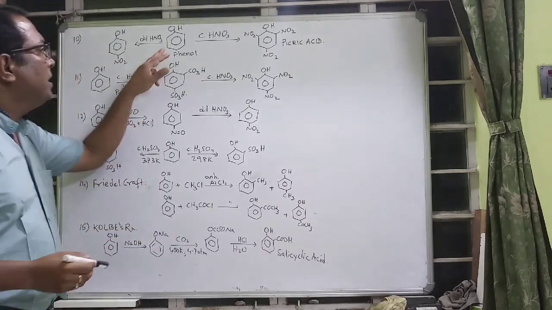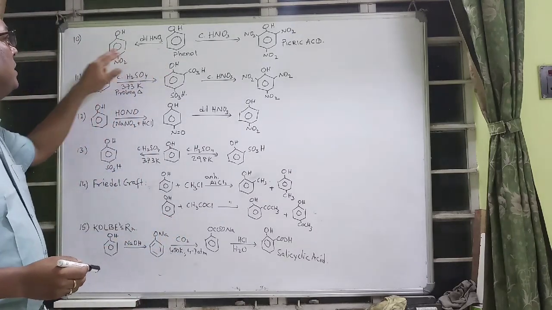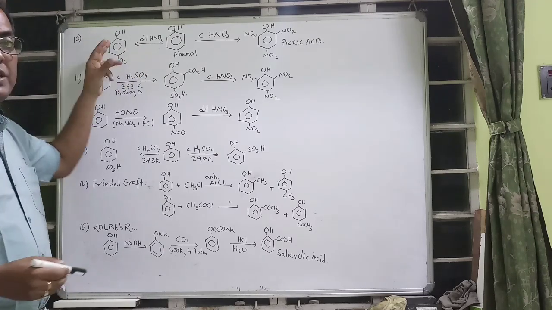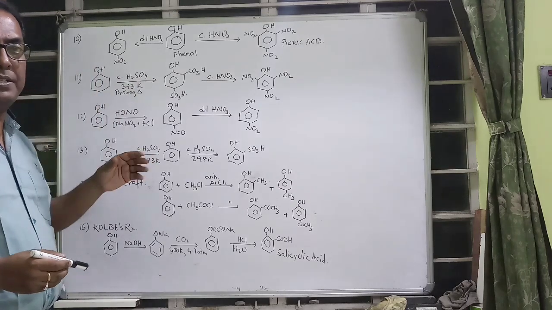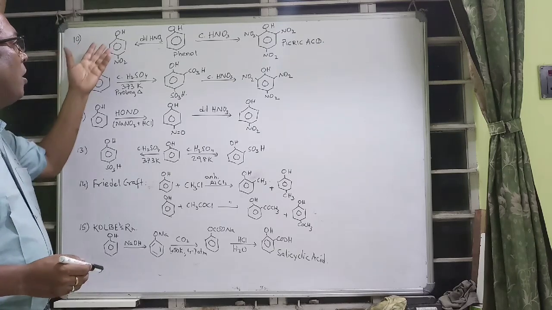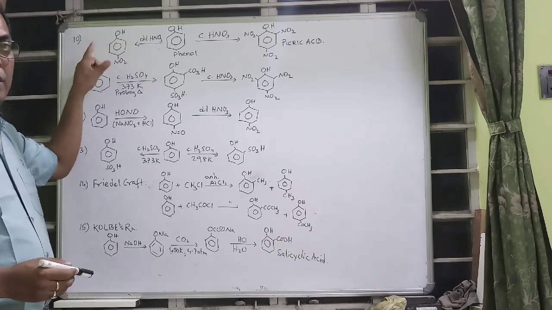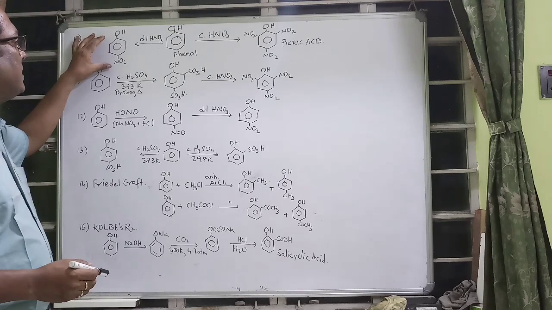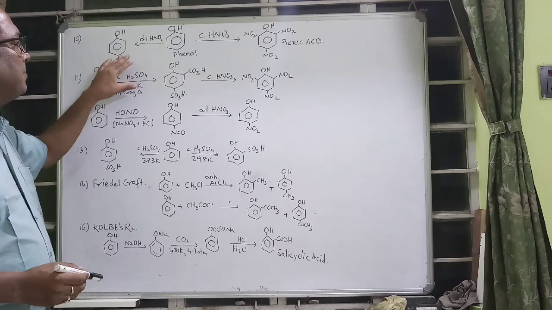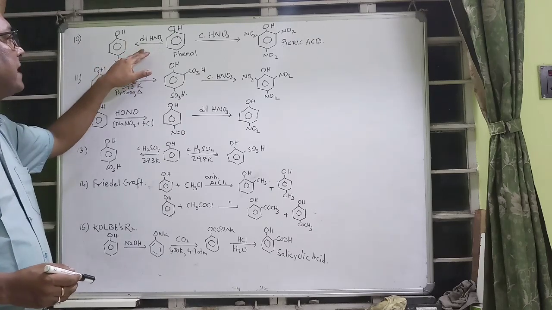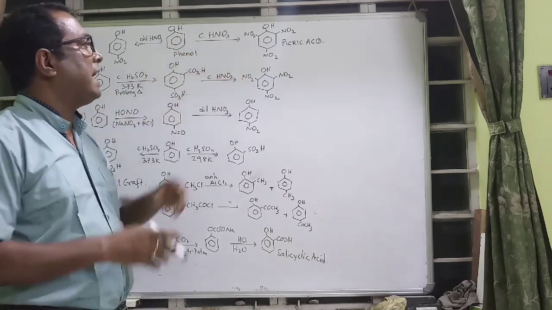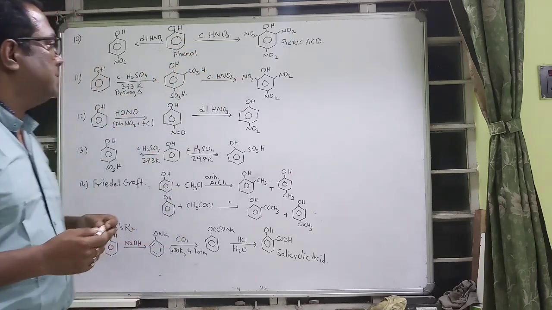But if we use dilute nitric acid, you are going to get para-nitrophenol, which is around 79%, with just 19% of ortho-nitrophenol. So para-nitrophenol is formed as the major product when dilute nitric acid is treated with phenol. But if concentrated nitric acid is used, we have picric acid instead.